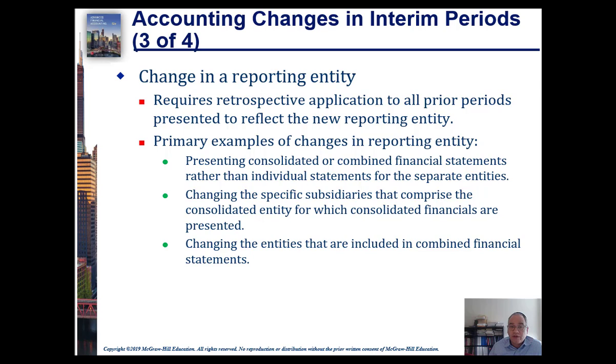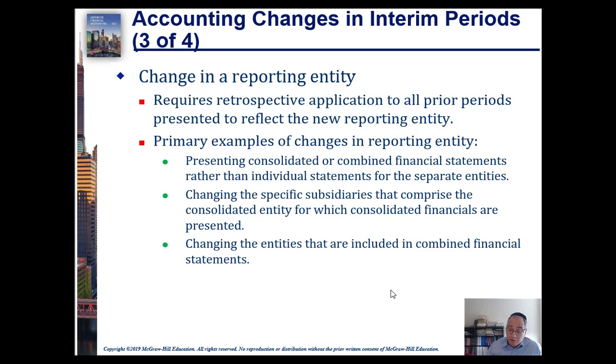If you have a change in a reporting entity, that's done retrospectively to all prior periods so that your financial statements are presented in a consistent way. So for example, a decision to consolidate should be made at the beginning of the first period, should take effect at the beginning of the first period that you're presenting so that all of the financial statements are consistent.